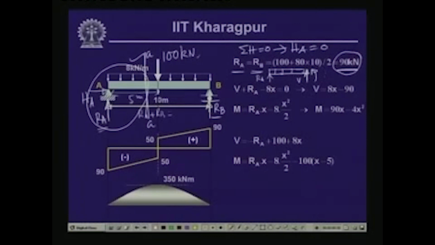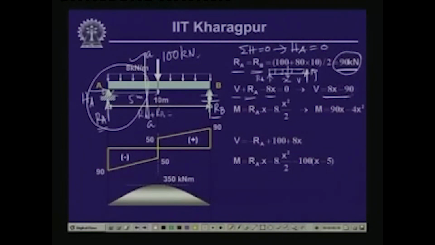So, if we take the equilibrium of the vertical forces, then V plus RA, they are in the same direction, minus 8 kilonewton per meter, and this section is at a distance of x. So, minus 8 times x equals 0. So, this gives us V equals 8x minus 90.